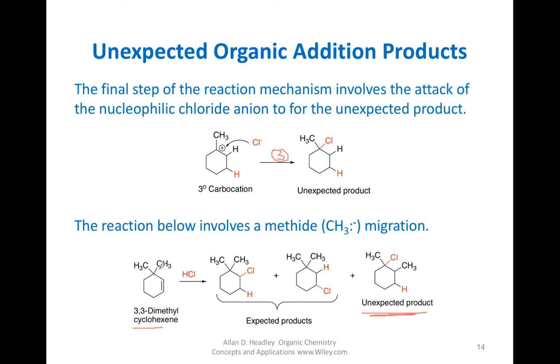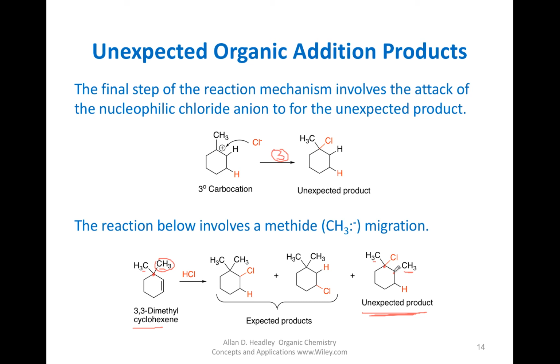Notice there are 2 methyl groups on this carbon. On the unexpected product, it's only 1, and it looks as if one of these methyl groups has shifted to this carbon over here.